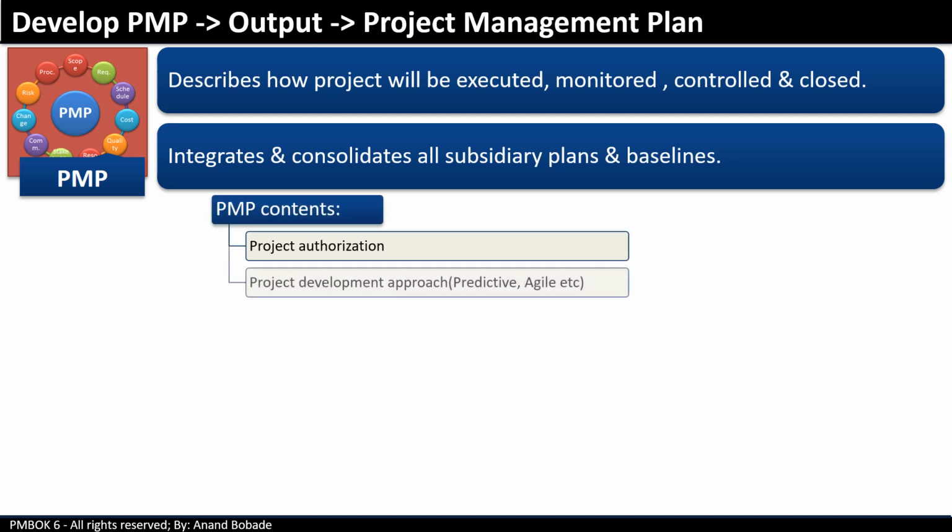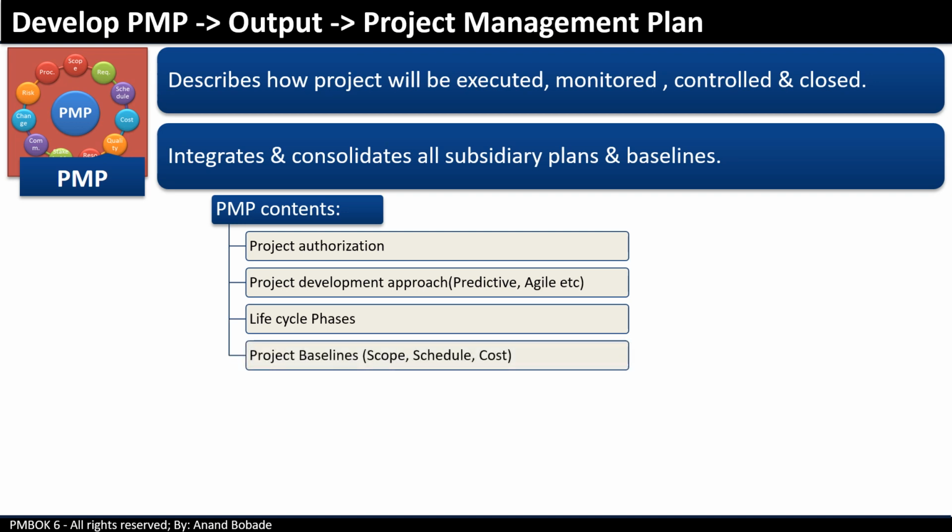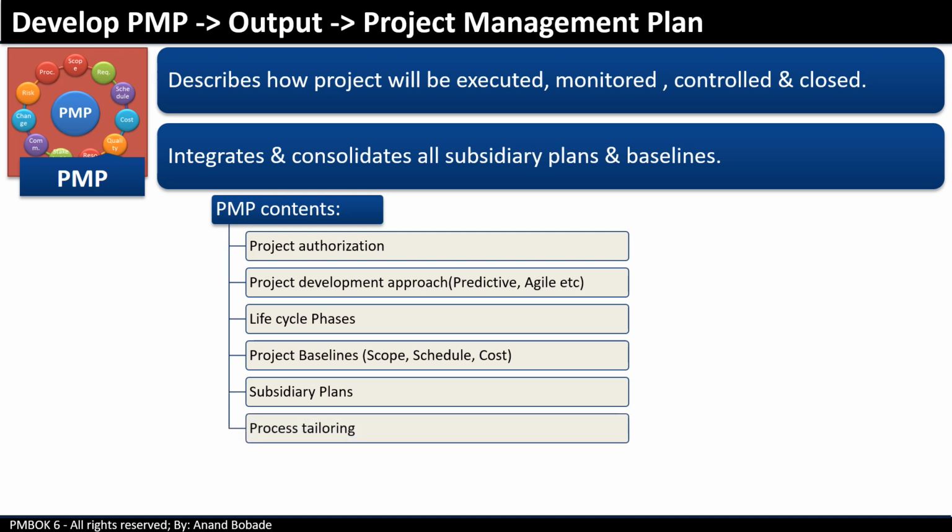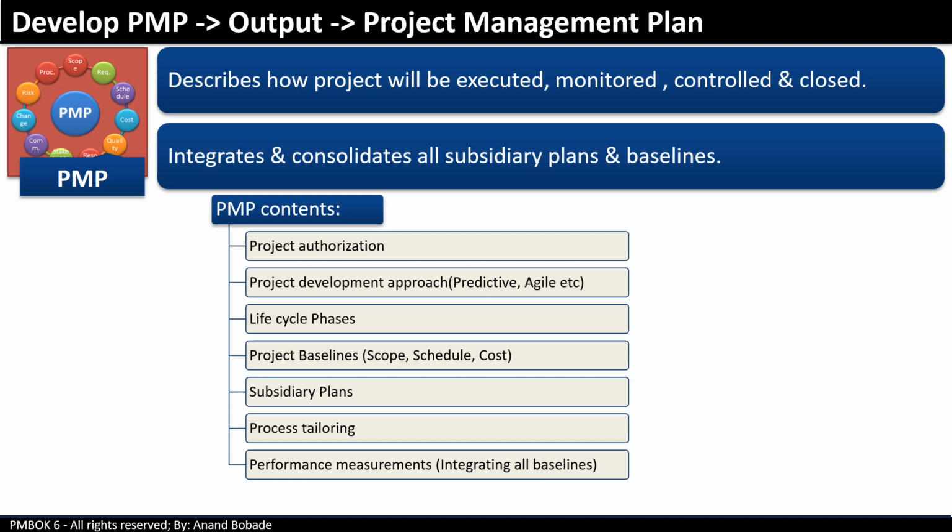It contains project authorization, project development approach like predictive or agile, life cycle phases and respective deliverables for each phase, project baselines like scope baseline, schedule baseline, and cost baseline, all subsidiary plans like scope management plan, schedule management plan, cost management plan, etc. Process tailoring, which we'll talk about in upcoming slides. Performance measurements, which help you integrate all baselines. Also management review points.